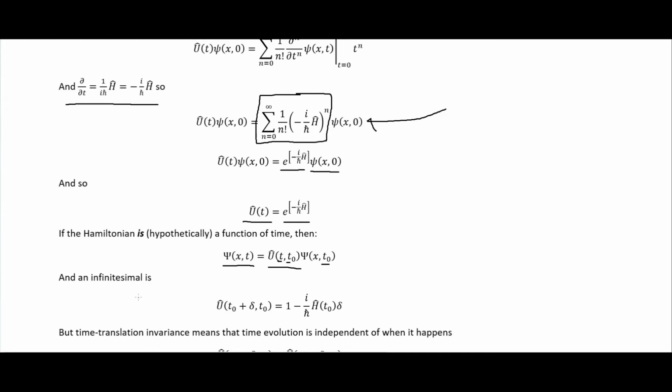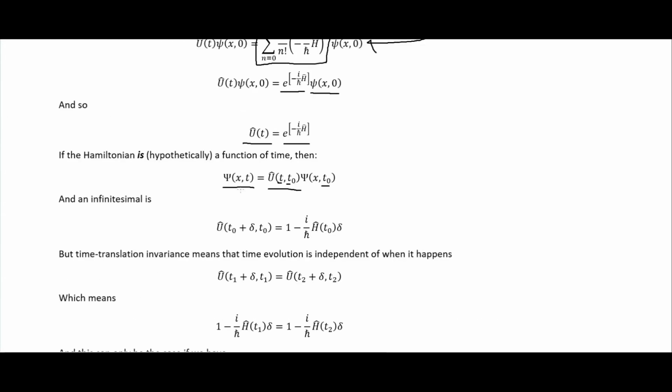And an infinitesimal version would be, if our t here is just equal to t sub naught plus some really tiny amount of time, then we can expand it out this way, ignoring higher order terms. So we get this 1 minus i over h bar, then the Hamiltonian, which is a function of the time that it began.